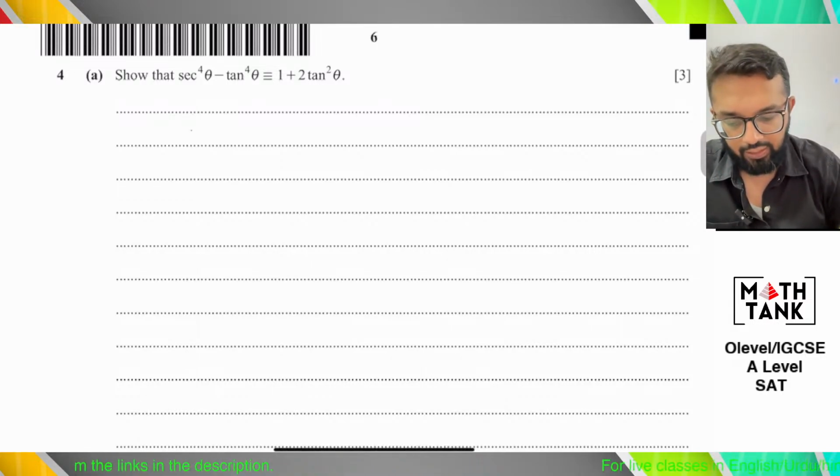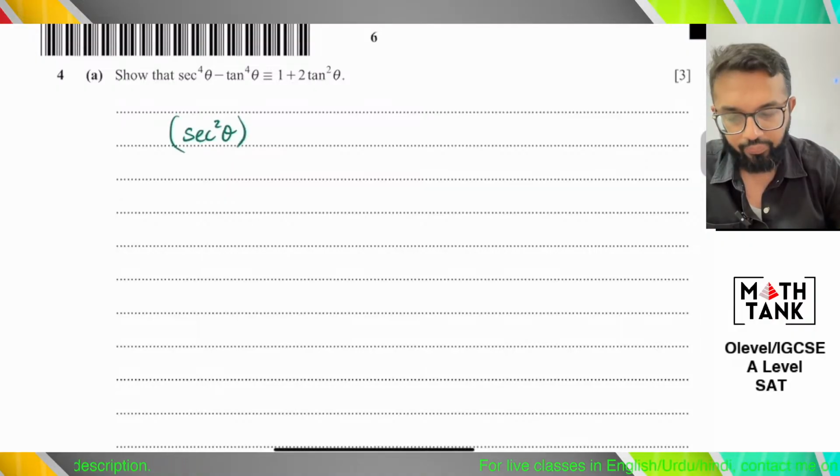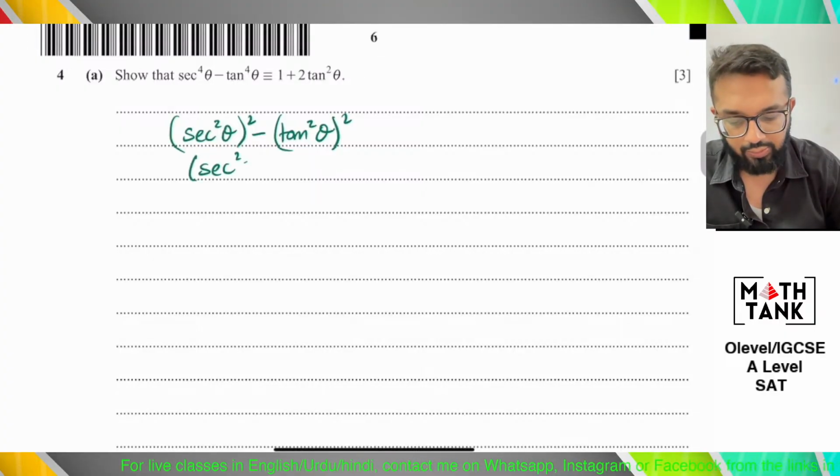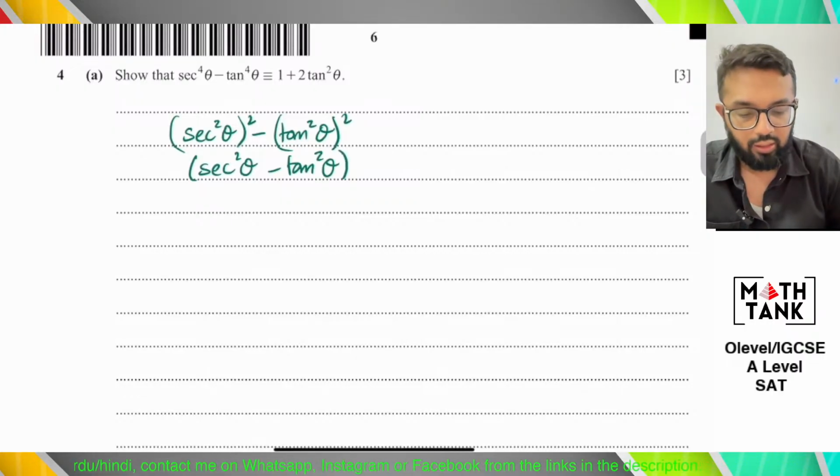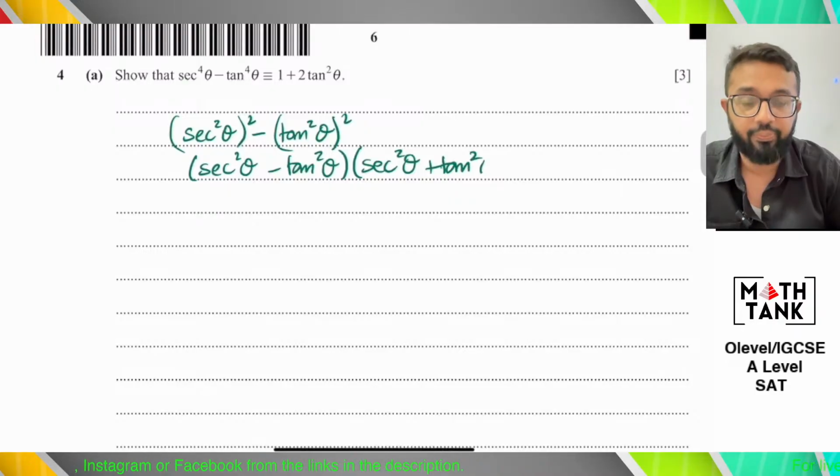So this can be factorized with the algebraic identity, and you can get sec square theta minus tan square theta times sec square theta plus tan square theta.